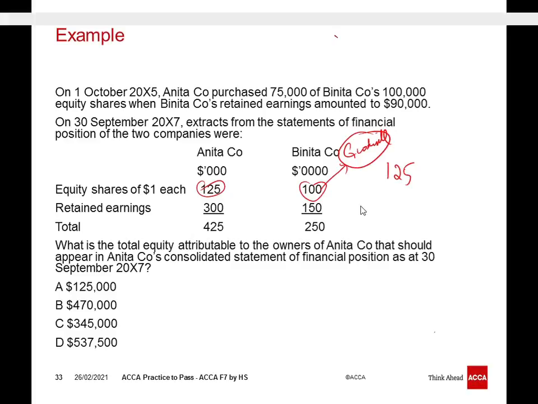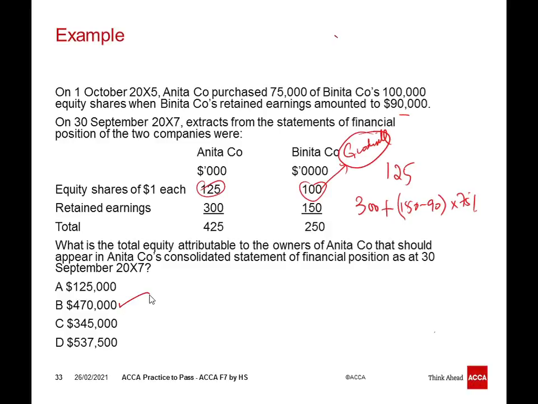Only the parent company's share capital. Now the retained earnings figure is parent company's full amount plus subsidiary company's post acquisition. 150 minus date of acquisition was 90 into 75%. So by simply adding this amount, we got option B.